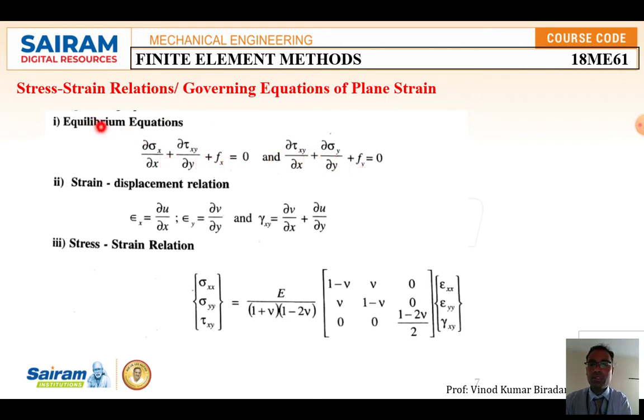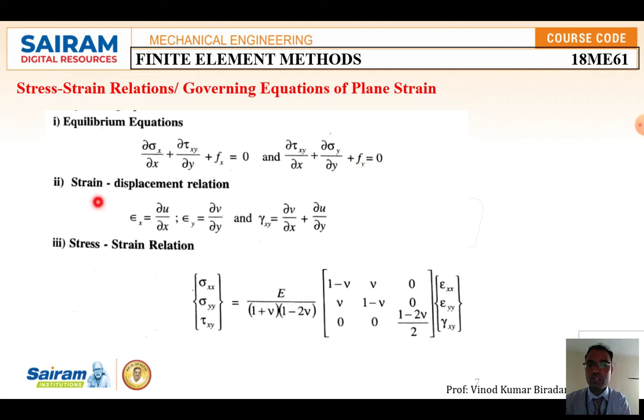The equilibrium equations are: dou sigma x by dou x plus dou tau xy by dou y plus f of x equals 0, and dou tau xy by dou x plus dou sigma y by dou y plus f of y equals 0. Here f of x is the force acting along the x direction and f of y the force along the y direction.